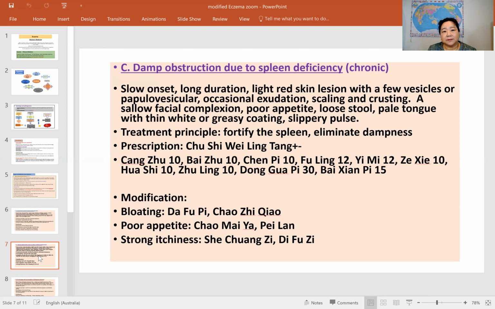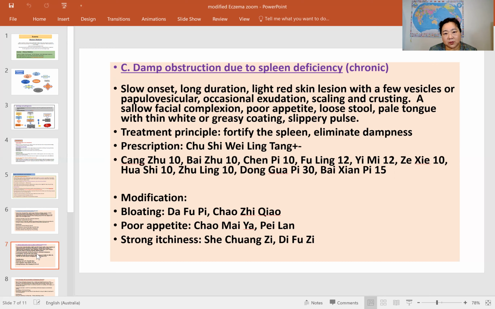The patient has slow onset, long duration of skin lesions, light red skin lesion with a few vesicles or papulovesicular, occasionally have exudation, scaling and crusting, sallow facial complexion, poor appetite, loose stool, pale tongue with thin white or greasy coating, slippery pulse.